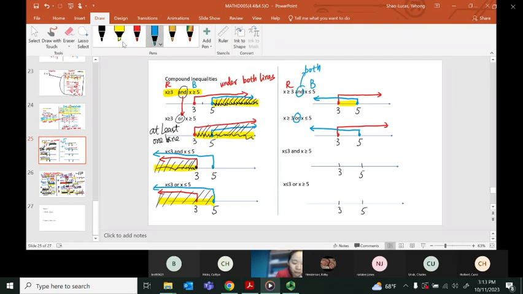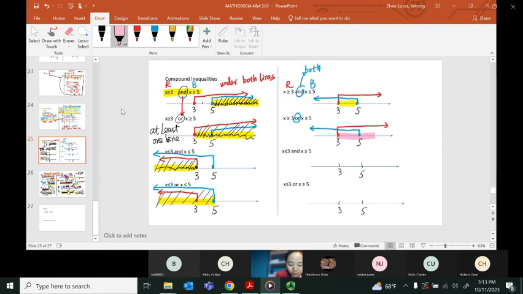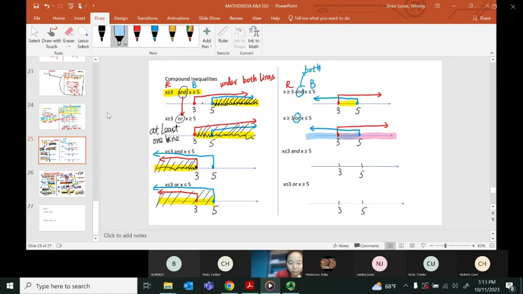I'm going to use blue for the second one, and I'm going to talk about the numbers with at least one color. What numbers have at least one color? Because when I raise the line, it may be hard for you to see, so I went ahead and color highlighted them.